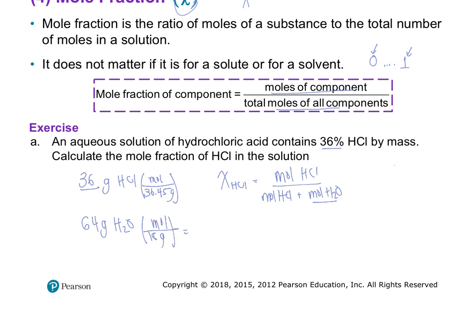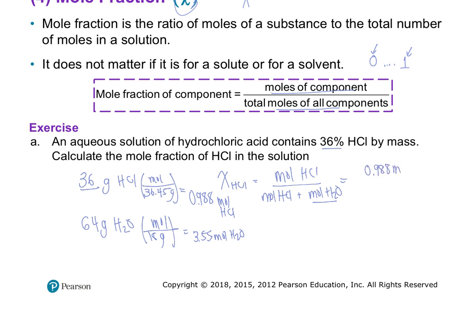You end up getting 0.988 moles of HCl, and for water we end up getting 3.55 moles of water.